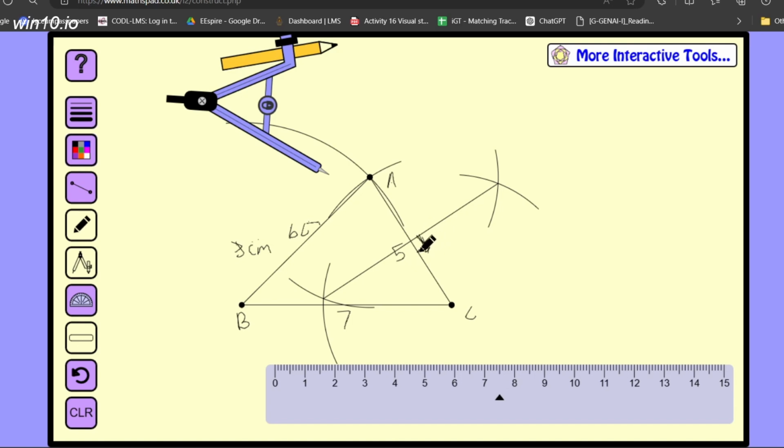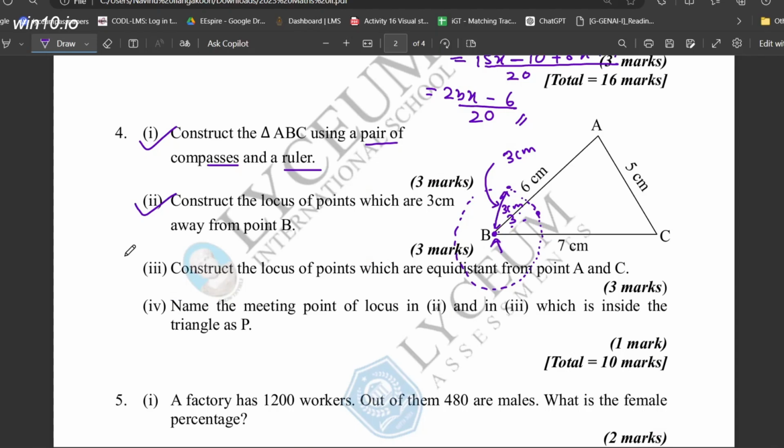So this is the perpendicular bisector. If we continue it long, it could be the locus of points that are equidistant to point A and C. Okay, this part also I think it is clear.